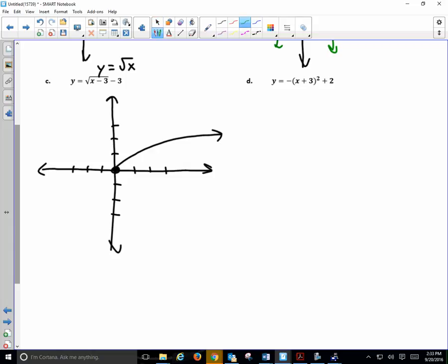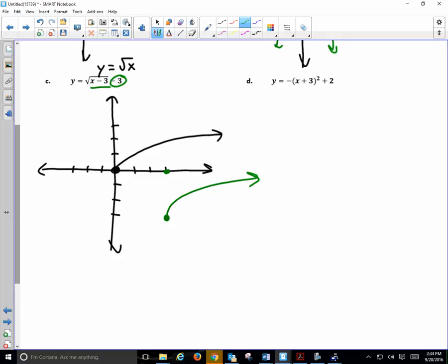So it's going to go 3 to the right. Then, this second minus 3, is that on the outside or inside? Outside. And so is it going to shift it 3 up or 3 down? Down 3. So this is a shift to the right 3 due to the x minus 3 on the inside, and a shift down 3 on the outside.